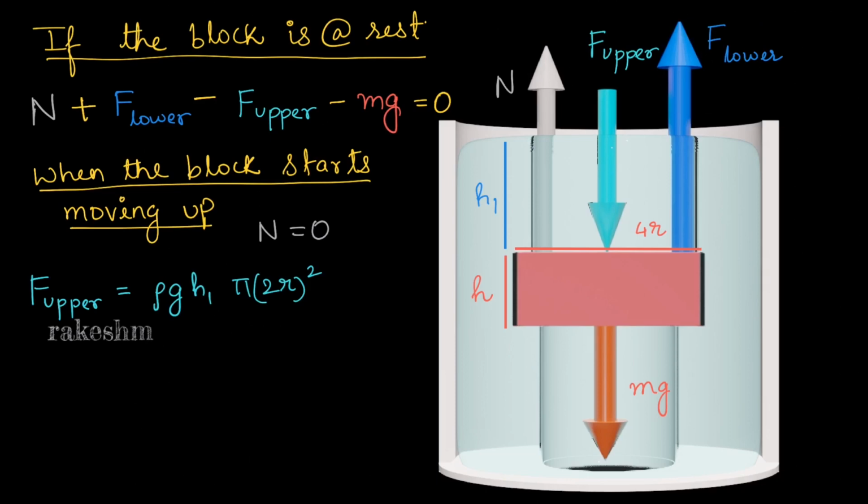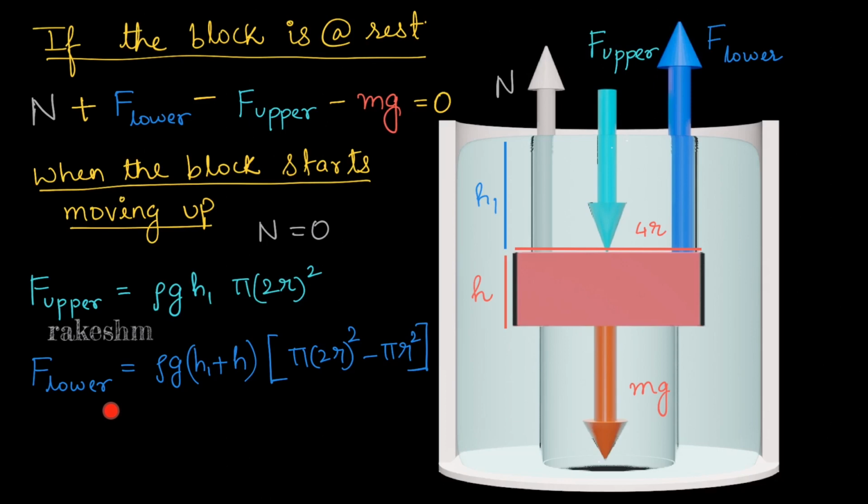The reason being, the force due to atmospheric pressure on the upper surface and the lower surface will cancel out. So to simplify our calculations, I am just omitting the atmospheric pressure here. The force due to the liquid on the lower surface of the block is the pressure at the lower surface into the area. So pressure here is rho g into h1 plus h.